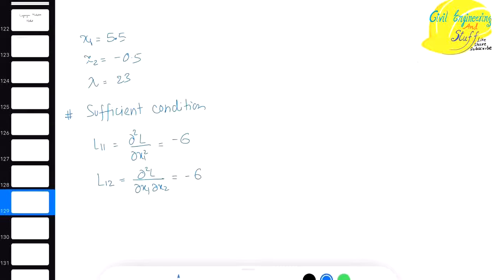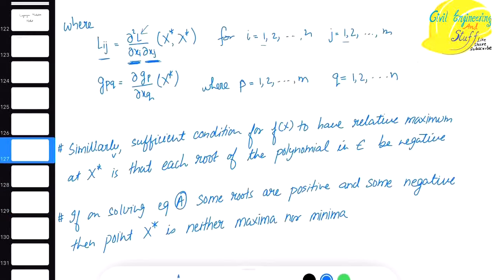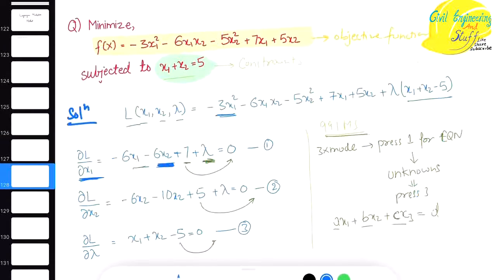Now we're going to find L21, where i is 2 and j is 1. So first differentiate with respect to x2, then with respect to x1.